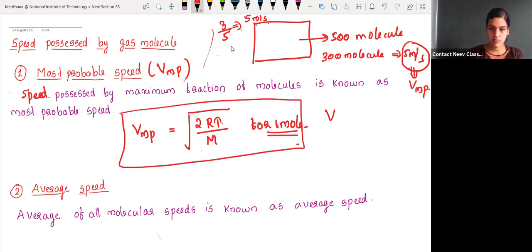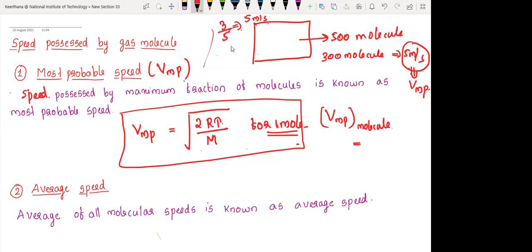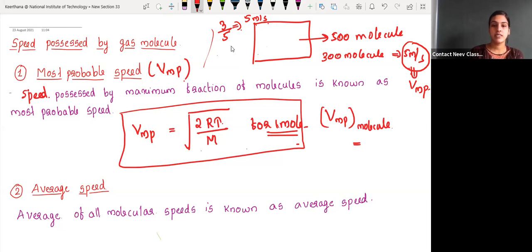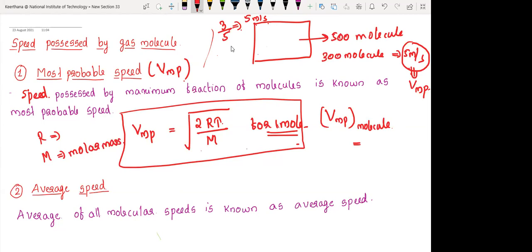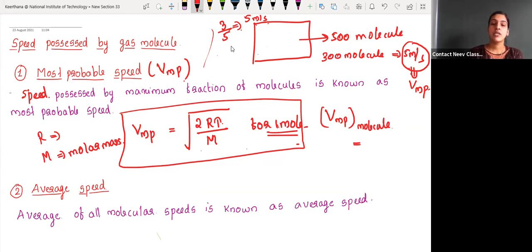Instead of R, what will come? I'm writing it for 1 molecule. Ma'am, capital M is molar mass or mass? Capital M is molar mass, okay. T is temperature in Kelvin, R is universal gas constant and M is molar mass.